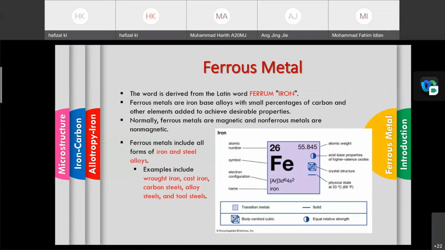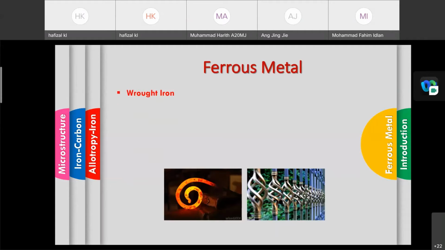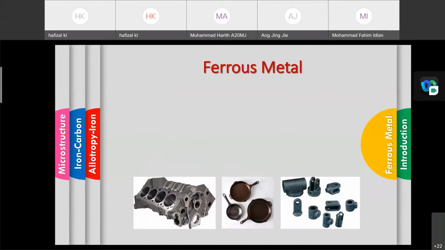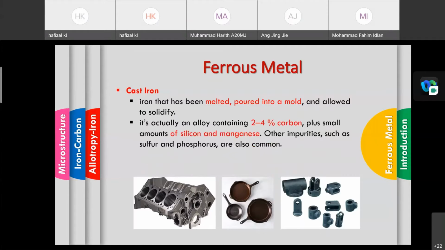For applications, we will see them mainly in the household kitchen, building construction, and components of car vehicles, so they have many applications. For the other iron alloy, we have cast iron, which is mainly used in different applications such as vehicle parts and engines.